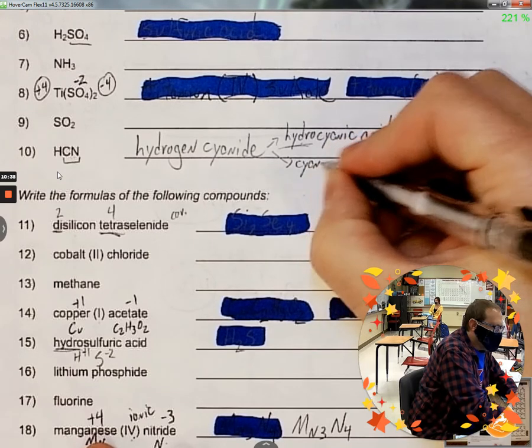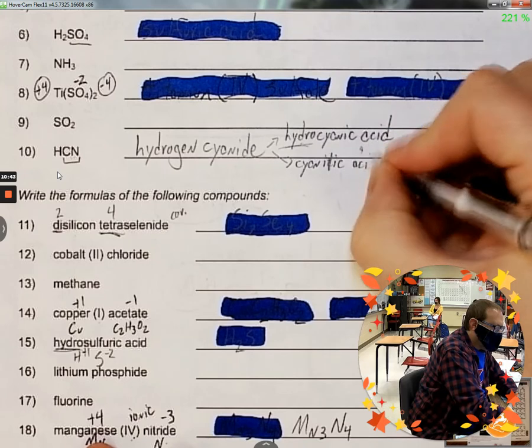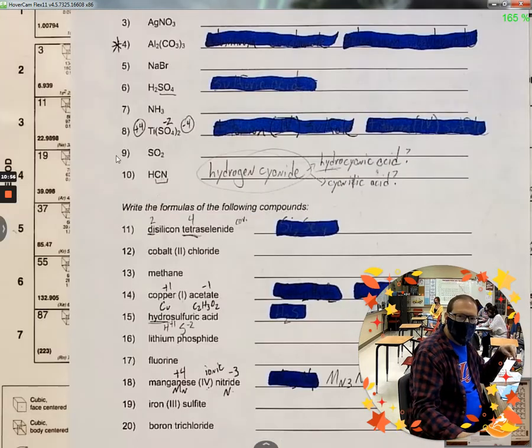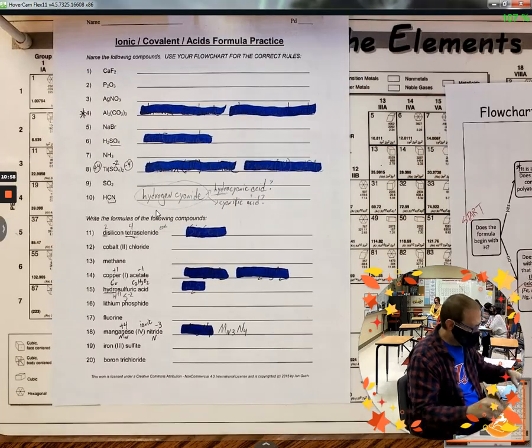We might call it something like cyanidic acid. We'll put question marks on those. I know for a fact that that one is legit. But remind me in a few minutes, and we'll do a Google search and see what we can find on that one. I'm glad you brought that one to my attention.